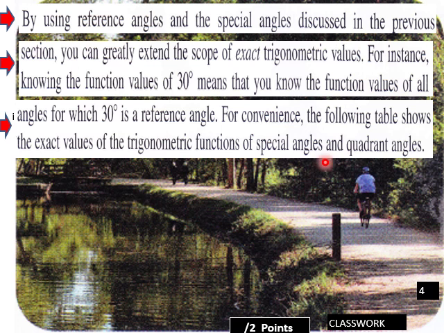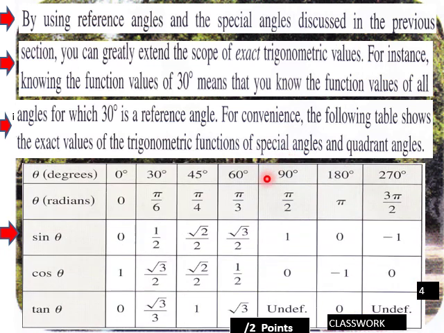For convenience, the following table shows the exact values of the trigonometric functions of special angles and quadrant angles. So for 30 degrees, pi over 6, sine is 1/2, cosine is square root of 3 over 2, and tan is square root of 3 over 3.